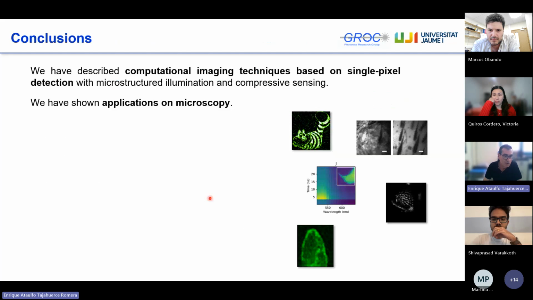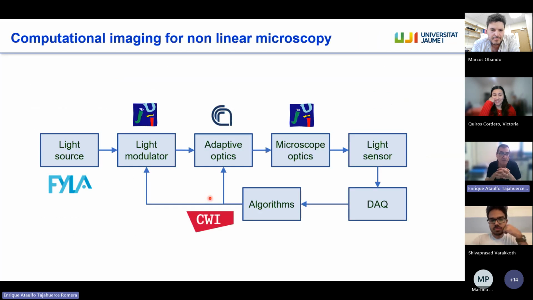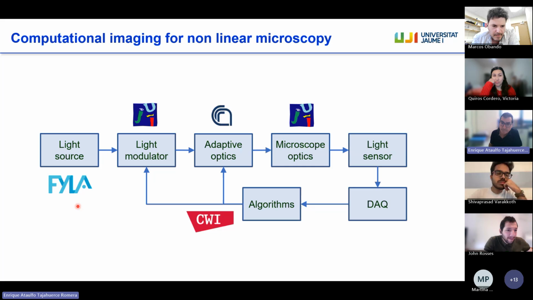I will skip conclusions because I think this was too long. Let me finish saying that with this platform that we have now in our lab, we will now collaborate with John Roses. We will attach the laser that is being developed in FILA.